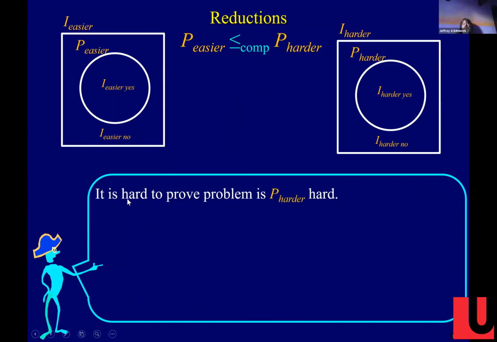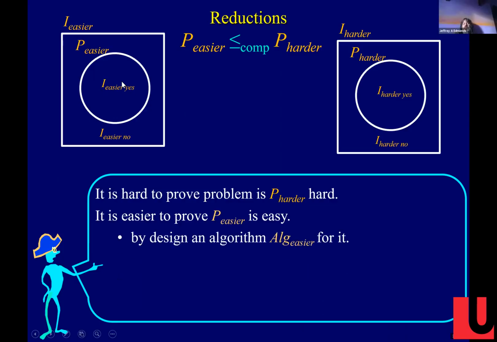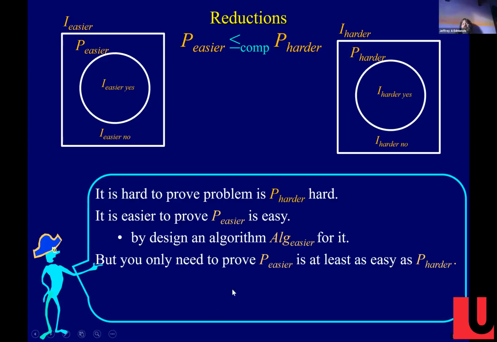It's hard to prove that the hard problem is hard, so it's easier to prove that the easy problem is easy. And how do you decide it's easy? You prove it's easy by coming up with an algorithm for it. And when you design the algorithm for it, you use the algorithm for the harder problem as a subroutine.